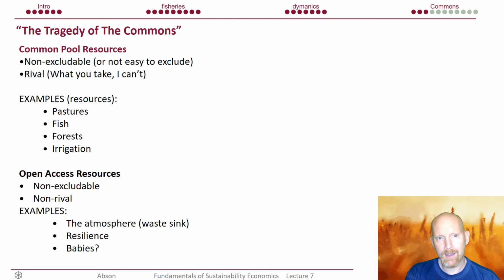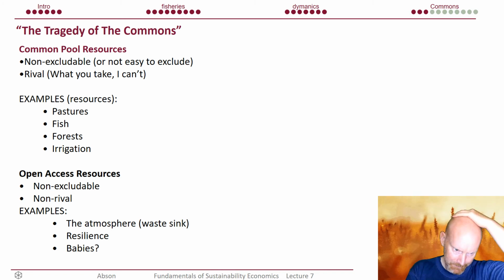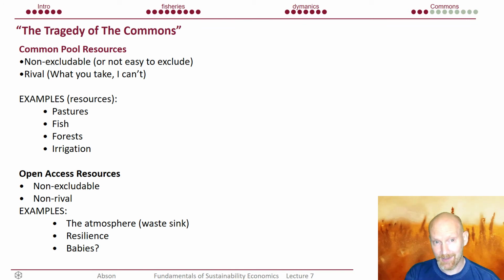But by doing that, I'm actually diminishing the quality of that system in providing a stable climate. So if you think of it, it's non-rival in terms of using it as a waste sink, but it is rival in terms of using it as a means of maintaining a carbon balance and therefore a stable climate.